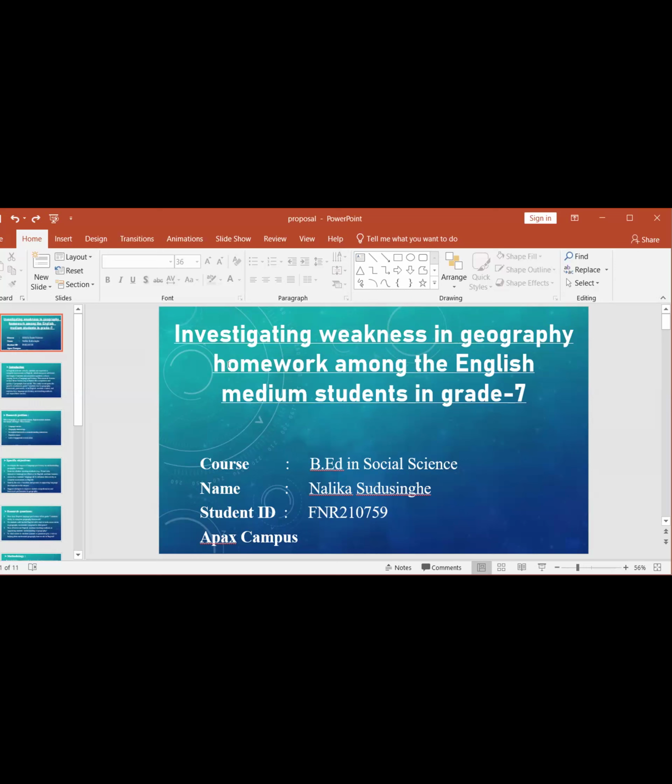So this research focuses on how these factors may influence the completion and quality of geography homework. The purpose of this study is to investigate the specific weaknesses grade 7 students face in geography homework, particularly in an English medium context, and explore how language proficiency and teaching methods can impact their success.